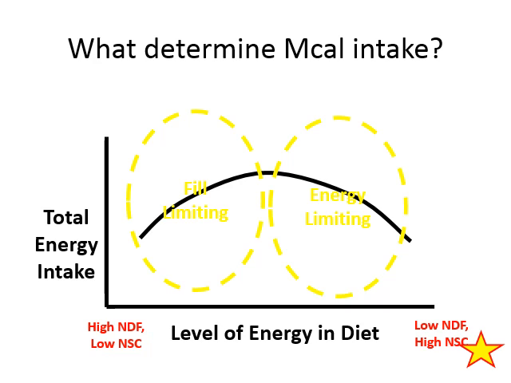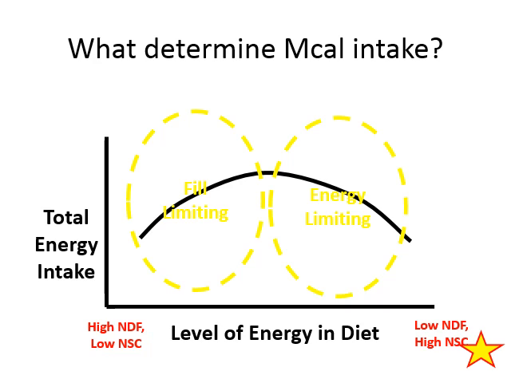Those apartment building things, the volume of feed is very much related to the NDF in the feed. So going up that slope, as we get to the top of the curve, it's limited by NDF, and we'll call that fill limitation. They can only eat so much NDF a day. There may be a desire for more calorie intake, but they're limited by the amount of NDF they can consume.